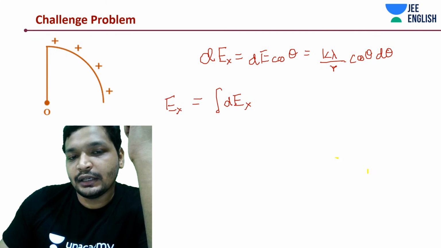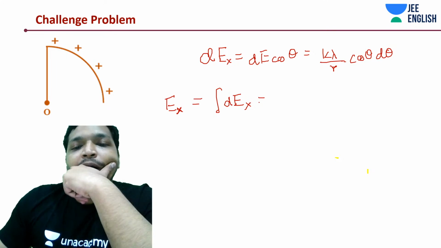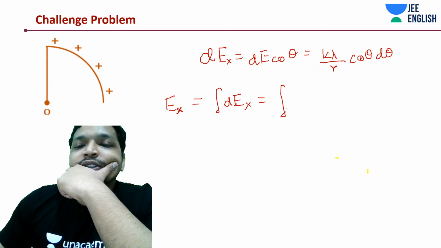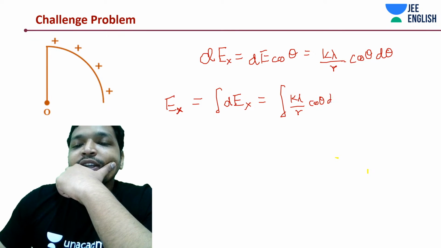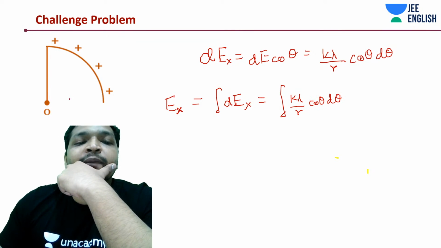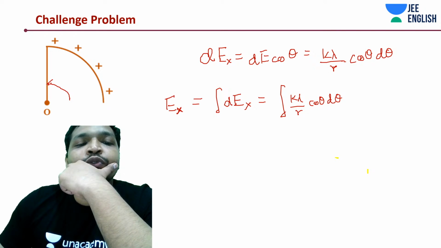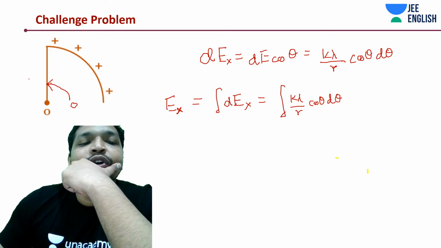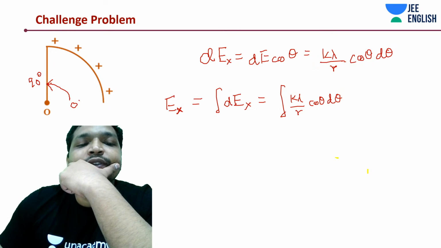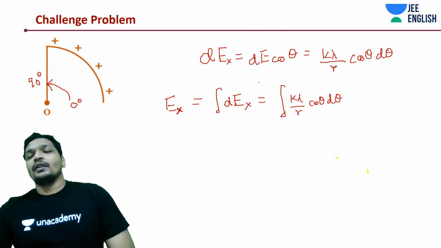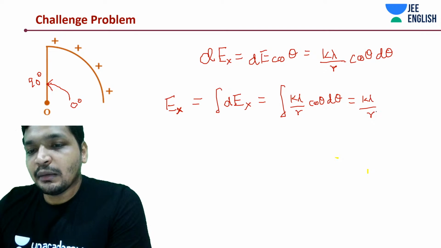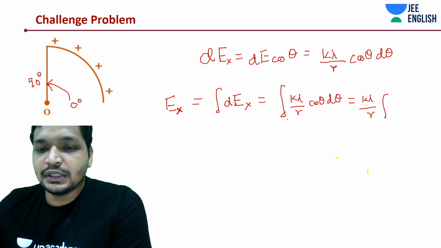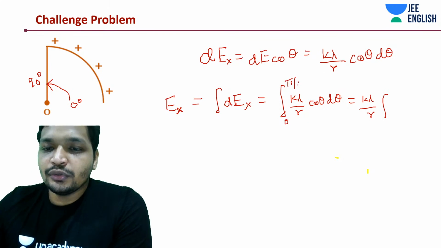Integration of dx is Ex, right? Total Ex. How much is this going to be? This is just integration of k lambda by r cos theta d theta. The theta goes from 0 to 90 degrees, right? This is k lambda by r, integration from 0 to pi by 2.